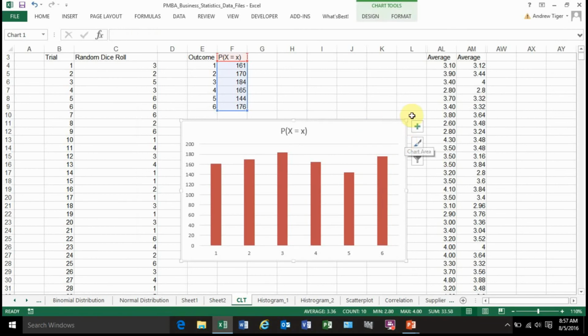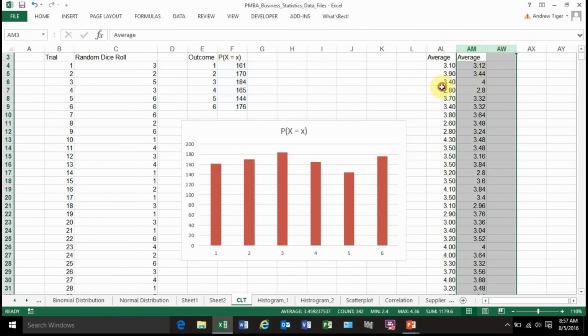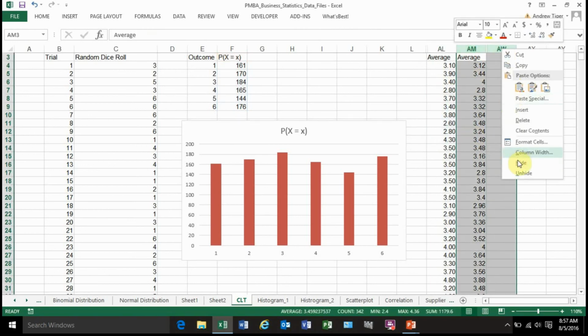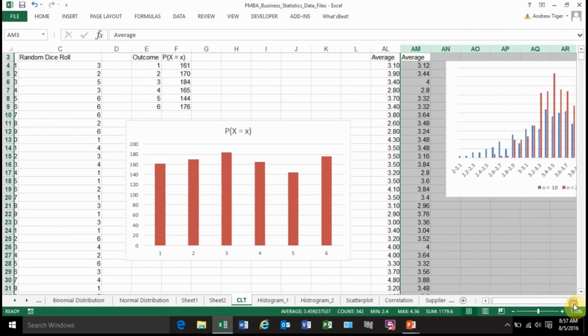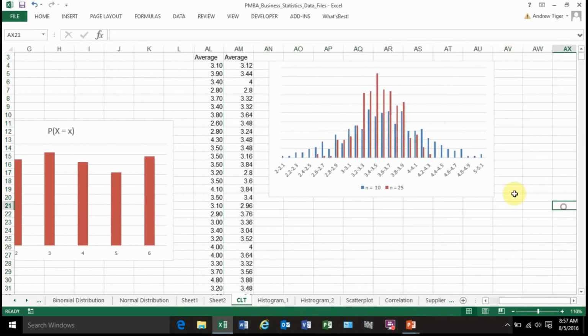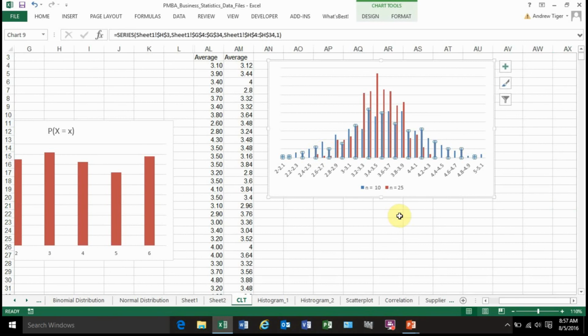I'm hoping that you'll have some intuition and be able to see that if we plot these averages on a histogram or frequency diagram, we're going to see something like this. And if you focus on the blue first, that is when the sample size is fairly small, a sample of size 10. But even with that, notice what happens.